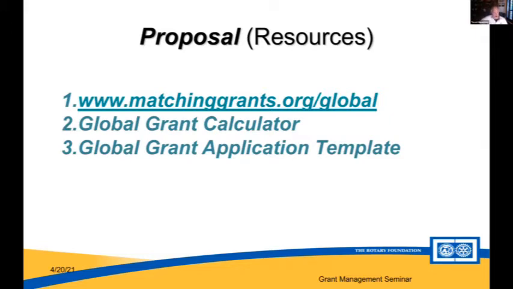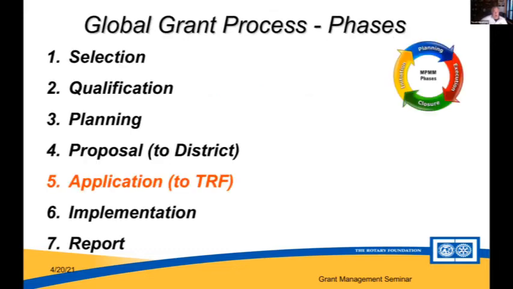If you just fill it all out on that grant calculator, it will do all the calculations for you. And that's also a great tool to bring to your proposal when you propose your global grant to the grants committee. And then there's also a global grant application template, which you can use for getting ready for your application to RI.